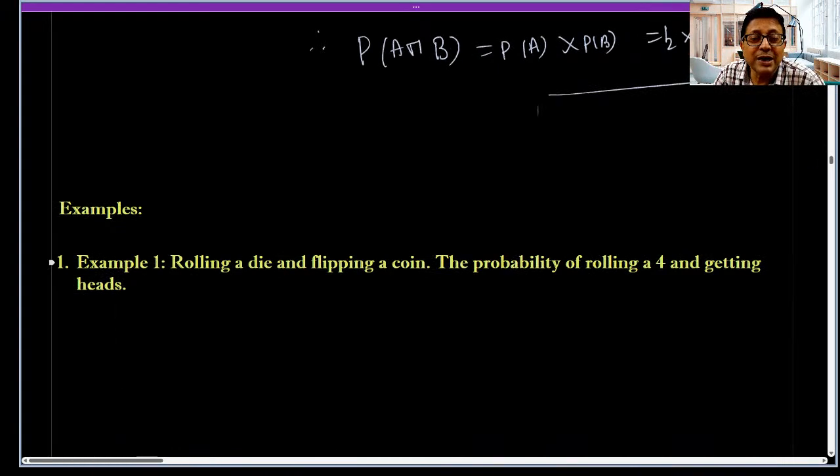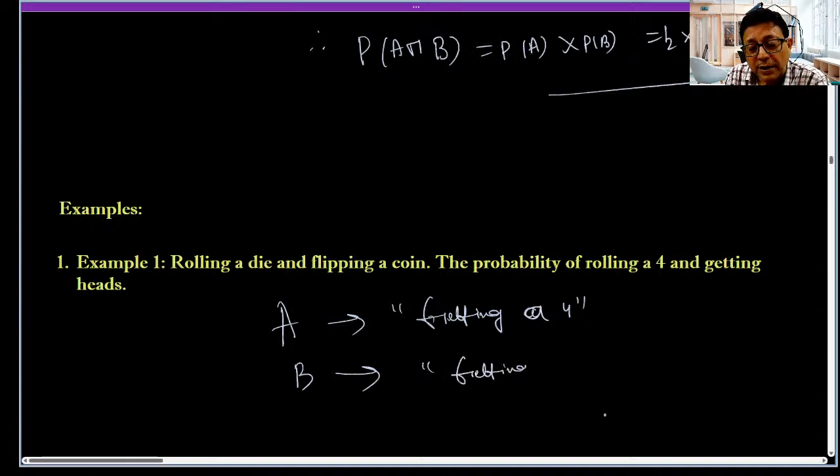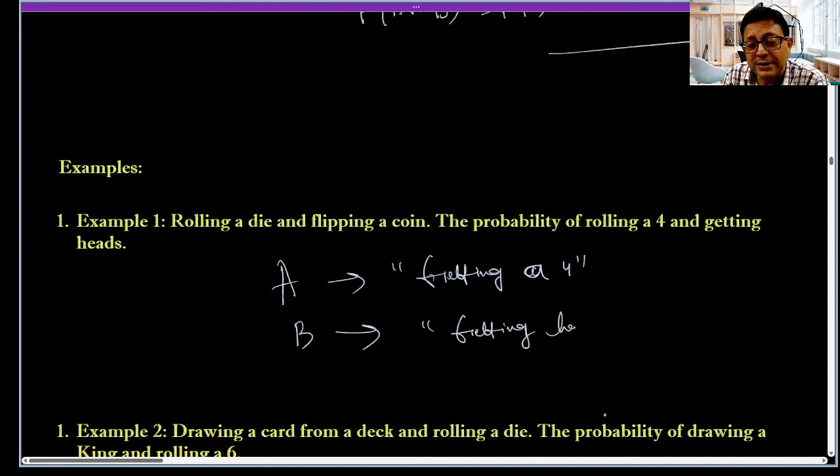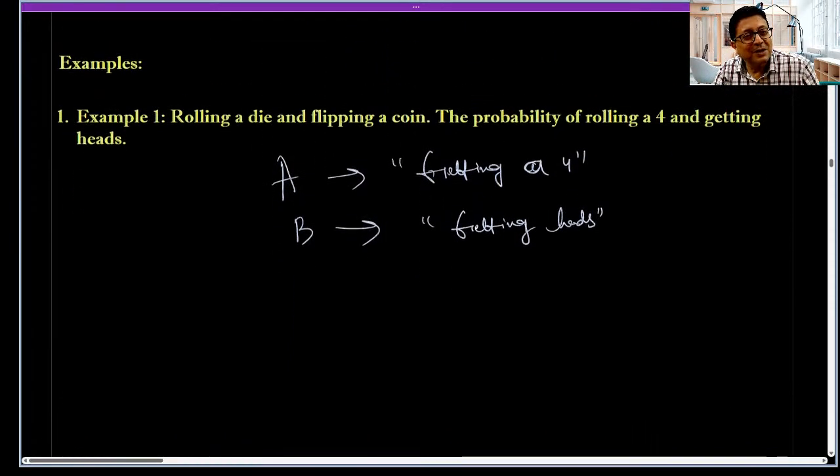Let us do this one. Rolling a die, flipping a coin, probability of rolling a 4 and getting a head. Similar way. Getting a 4, you take as the event A. And B denote the event getting a head. There will be one head only, no?